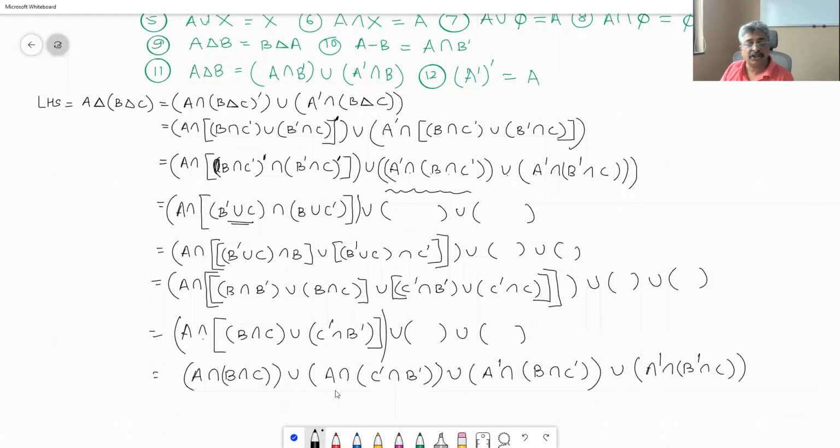We are supposed to take intersection of all three of them. Therefore, this is A intersection B intersection C.